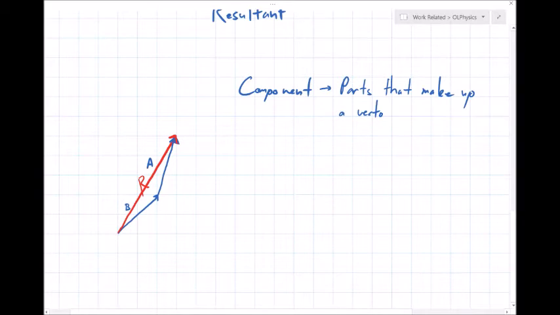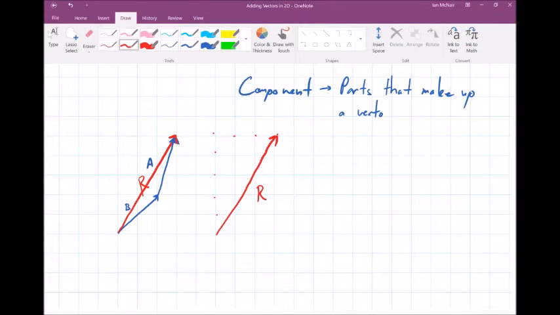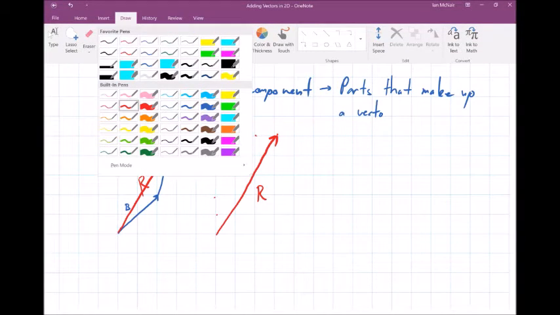So let's see, it goes up 5. I think 1, 2, 3, 4, 5, and it goes over 3. So let's just draw that again. 1, 2, 3, 4, 5, over 3, 1, 2, 3. Right, and now we can just break it into its components. So this red vector, our resultant, is made up of 2 vectors, a horizontal and a vertical one.